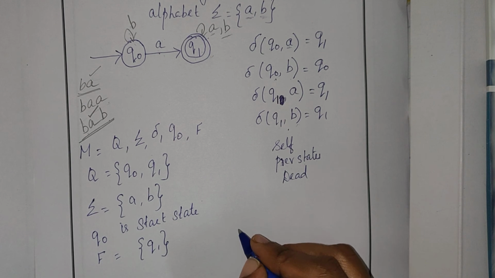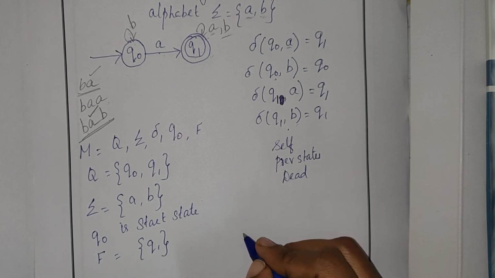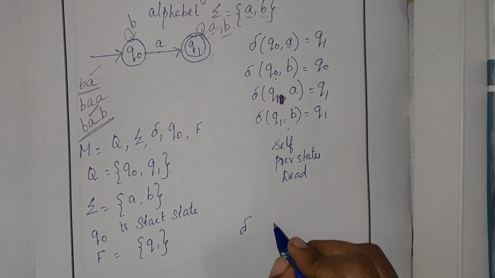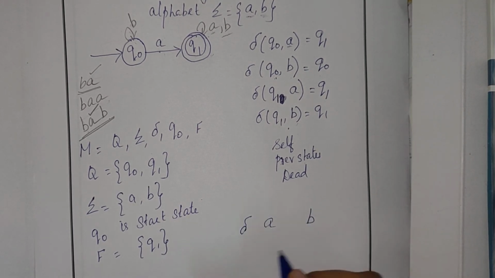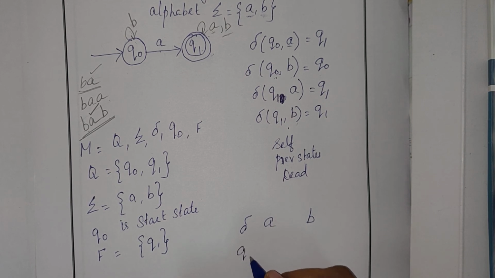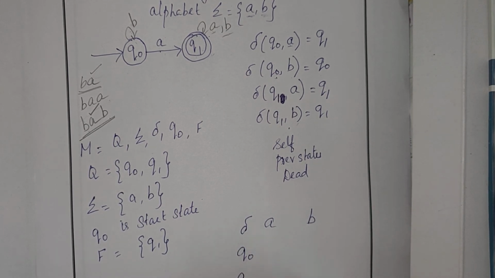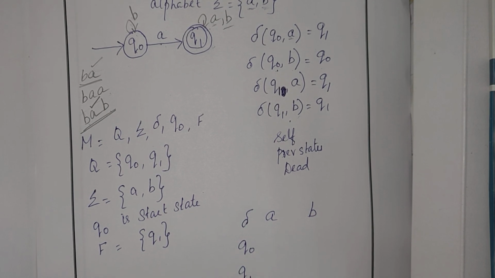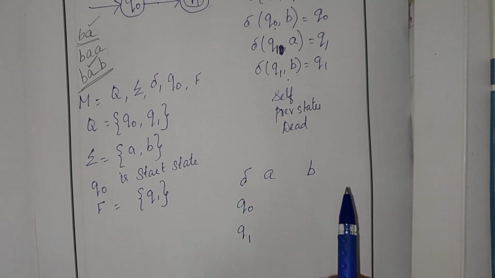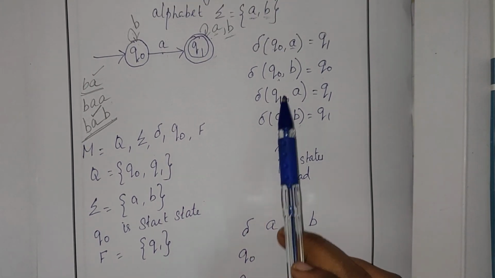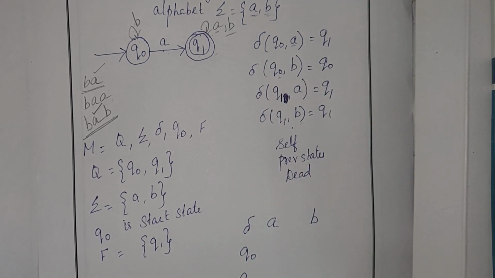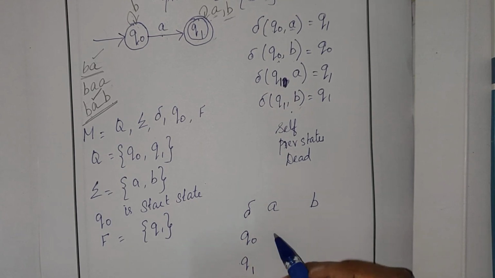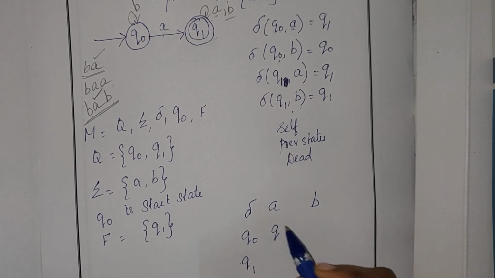Now I have to write my transition table. I'll mark the transition symbol, my columns will be all my alphabets and my rows will be the states. I have only 2 states. Now see this: Q0, when it takes A, moves to Q1.